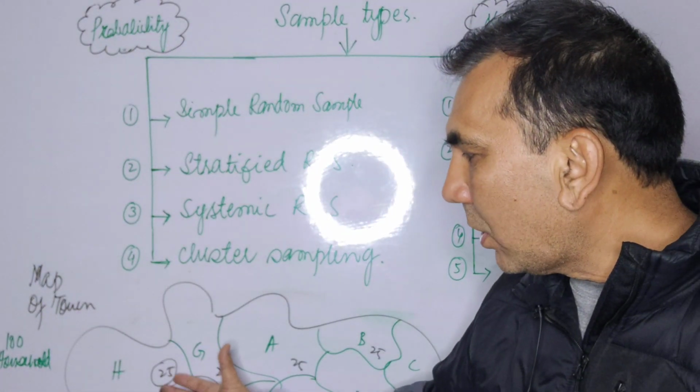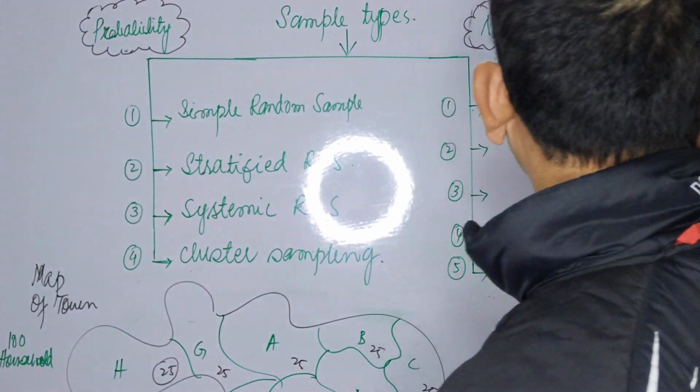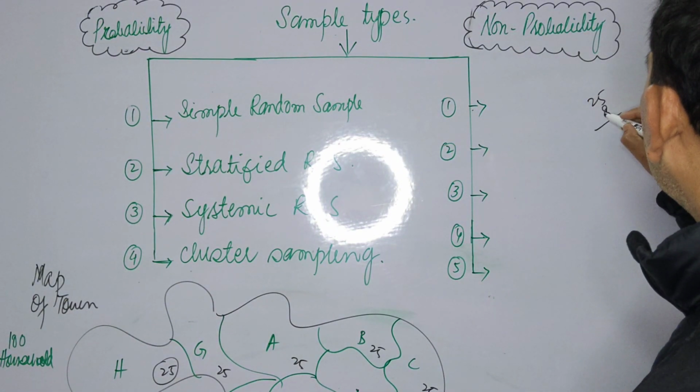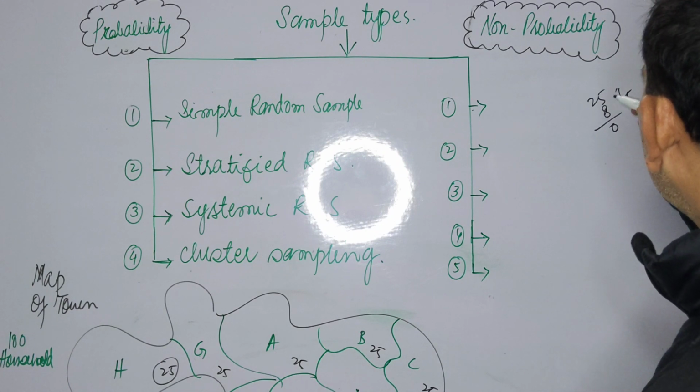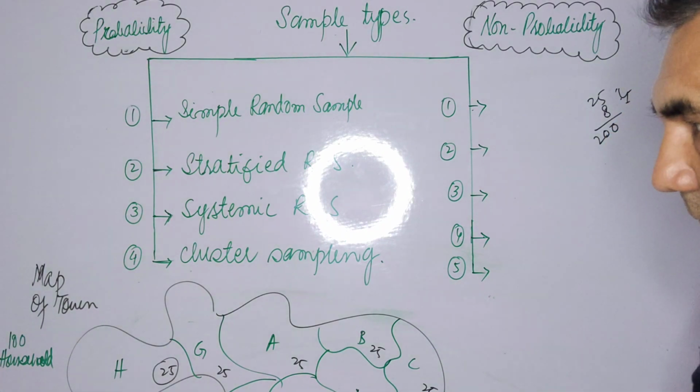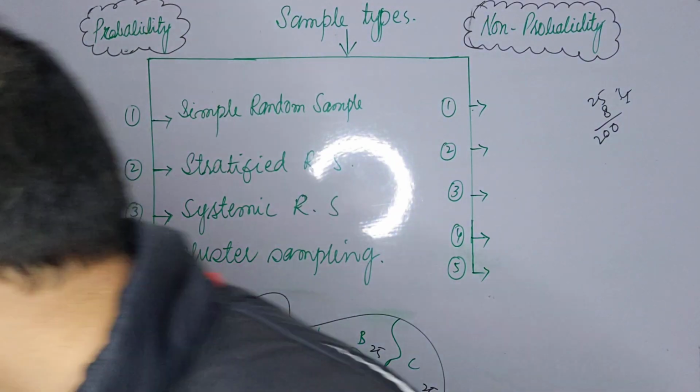So in the 8 blocks, if you multiply, it is around 200 households.